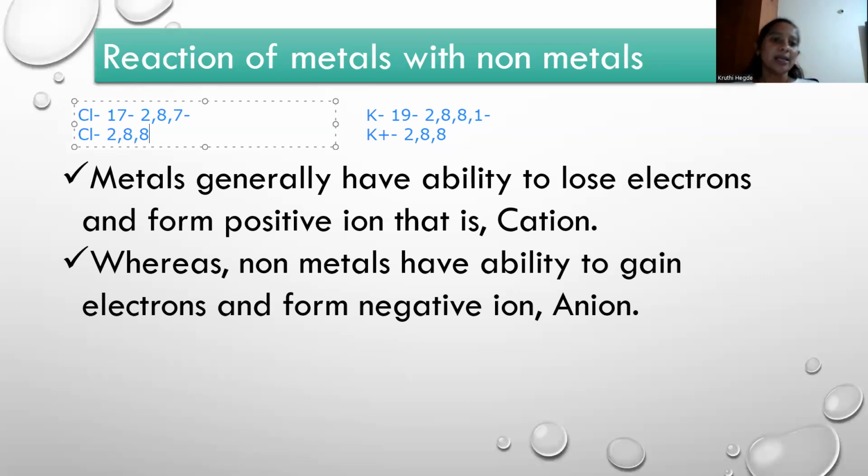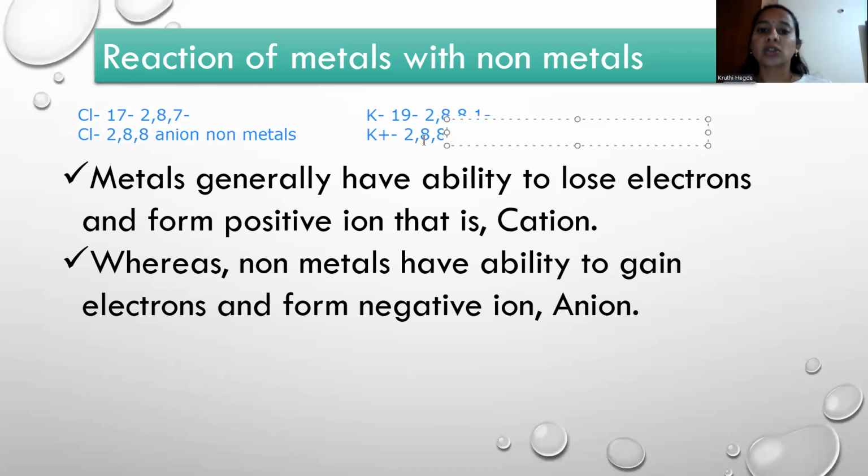This is called an anion. So non-metals form anions, whereas metals form cations. This is about the property of metals and non-metals.